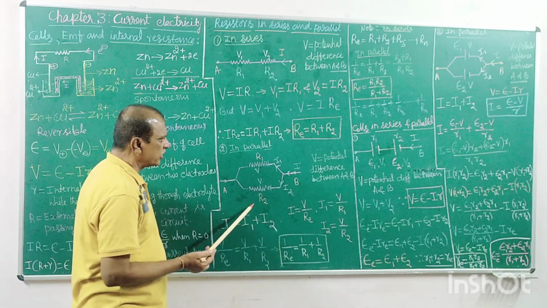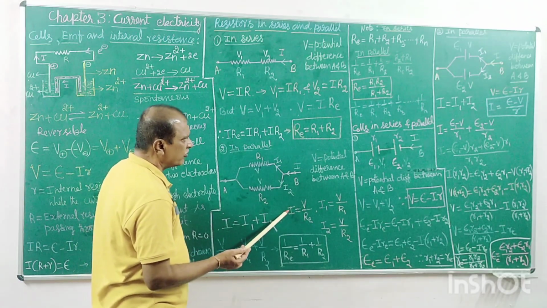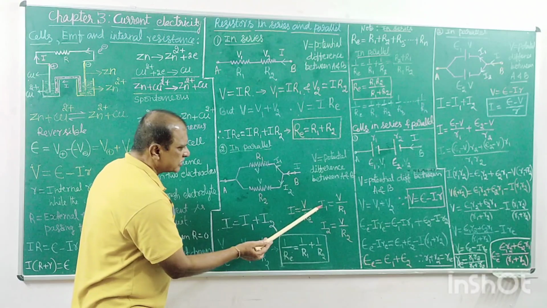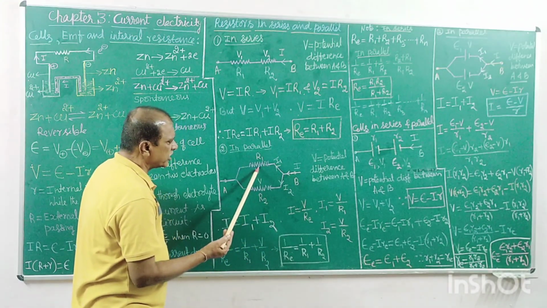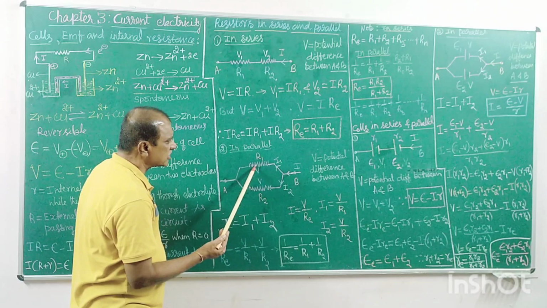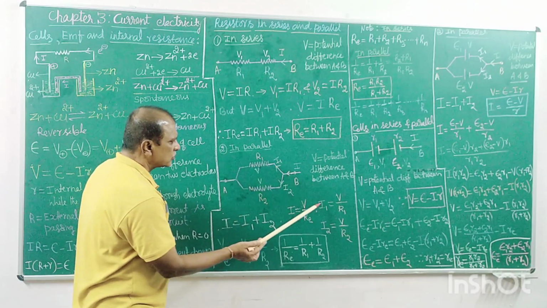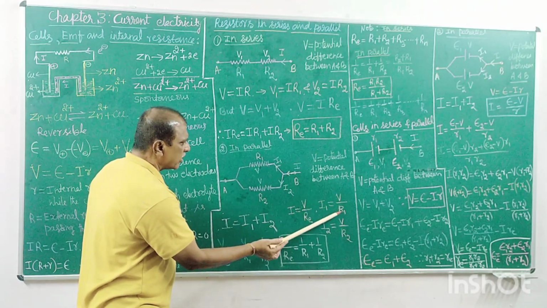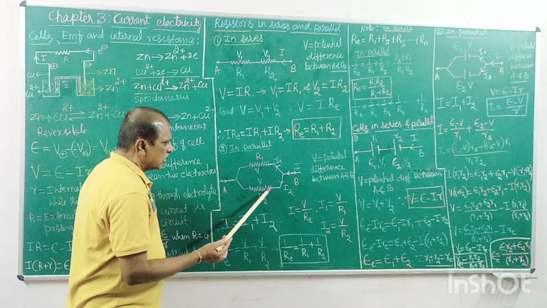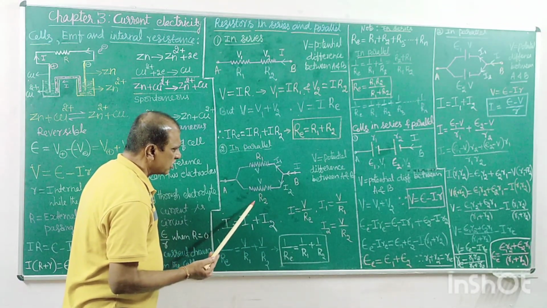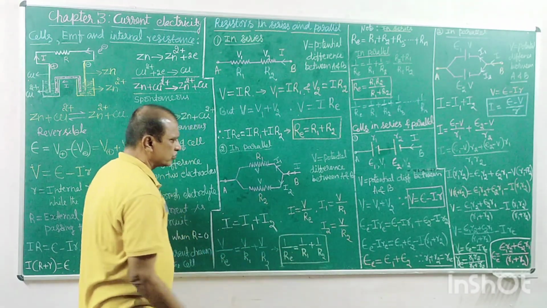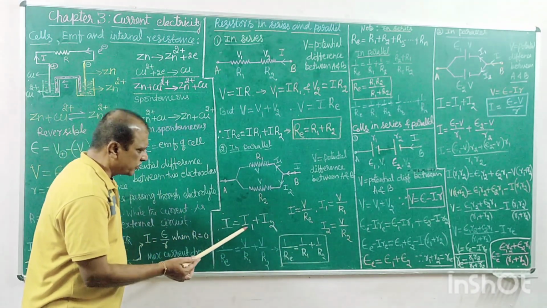That is V is equal to IR, and I is equal to V by R. What is I1? Look at that, the potential remains the same, the resistance is R1, and the current flowing through this resistor is I1. So I1 is equal to V by R1. For this resistor, the current I2 is equal to V by R2. Substitute into this equation.